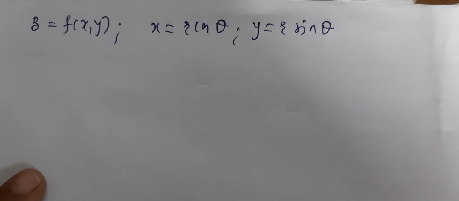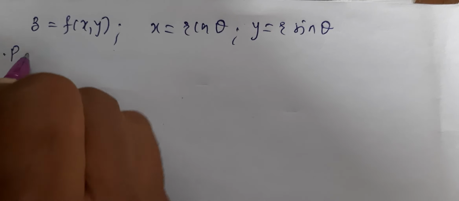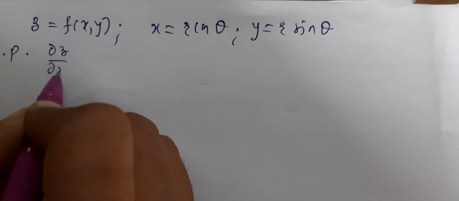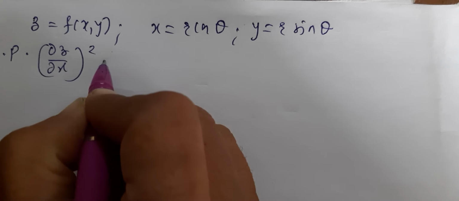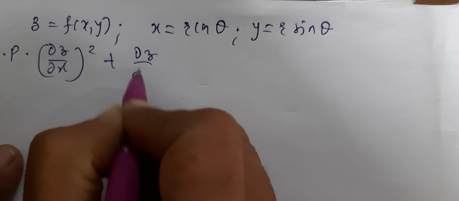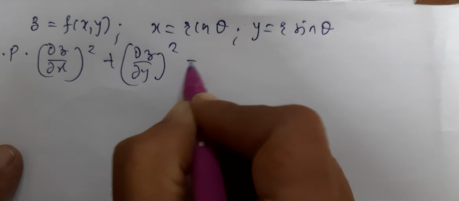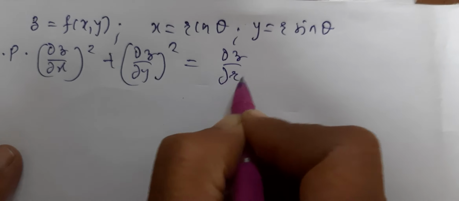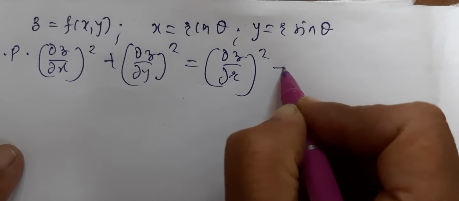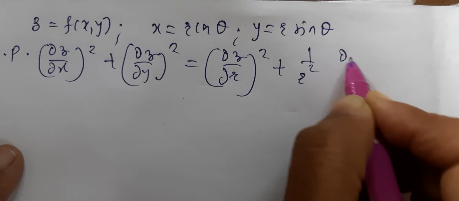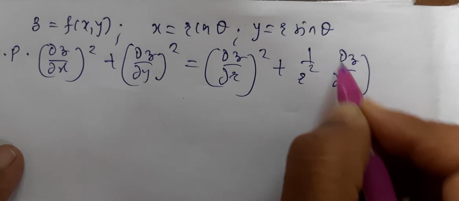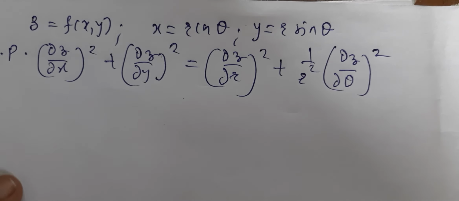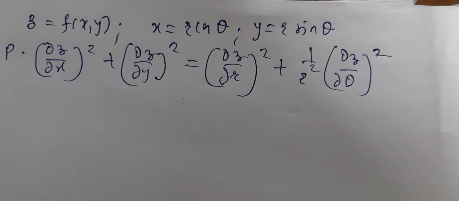What we have to prove is (∂z/∂x)² + (∂z/∂y)² = (∂z/∂r)² + (1/r²)(∂z/∂θ)². And as I explained, we have to start with RHS.